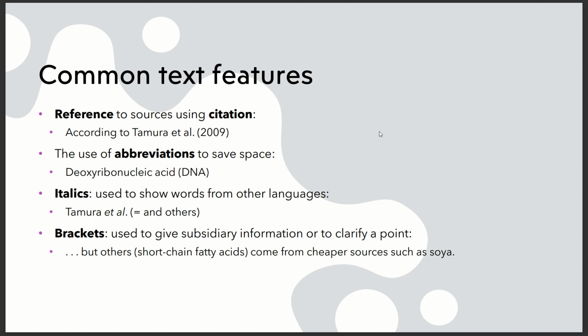Okay, bullet point 2, the use of abbreviations to save space. This is a very common text feature. Abbreviating longer words, such as here we have DNA. Of course, we all know that DNA actually stands for deoxyribonucleic acid, which is a very long name and a mouthful.